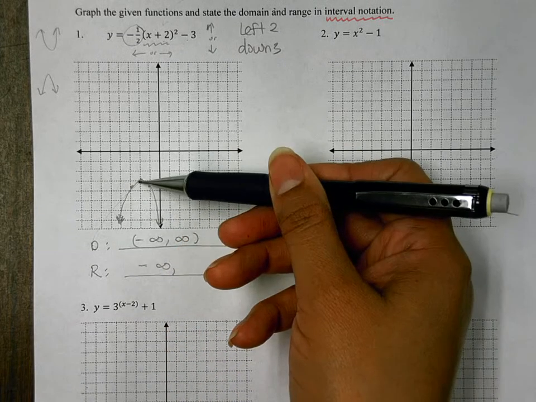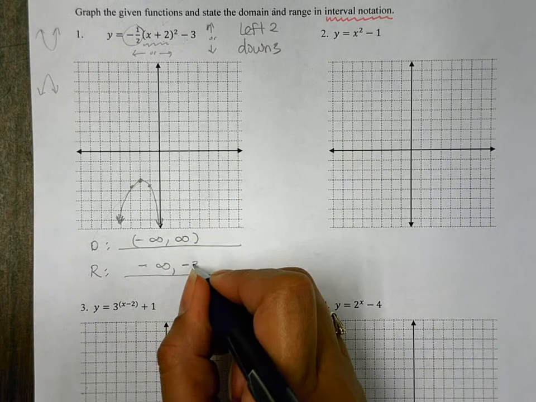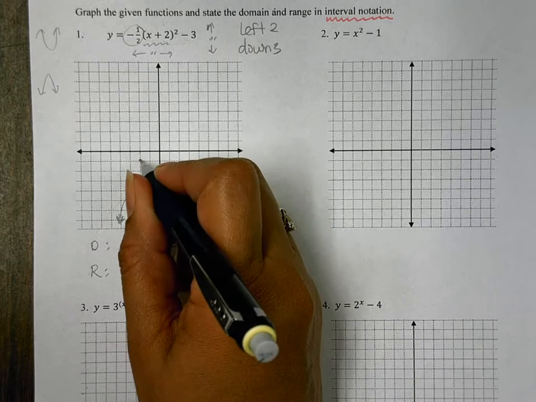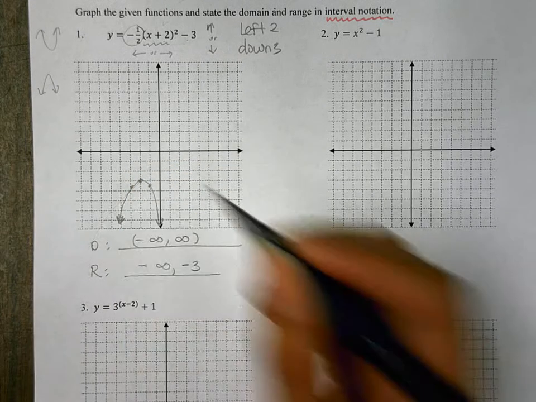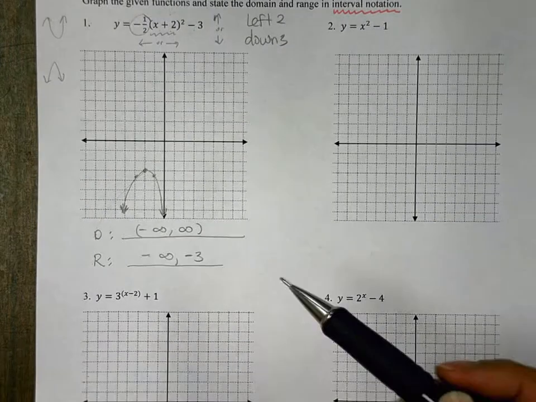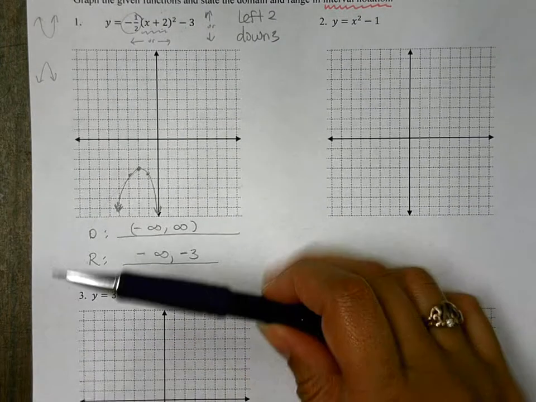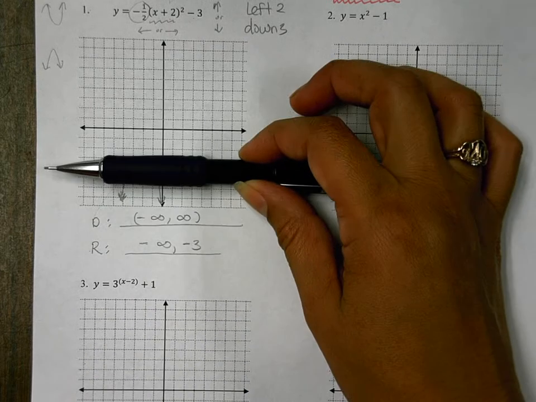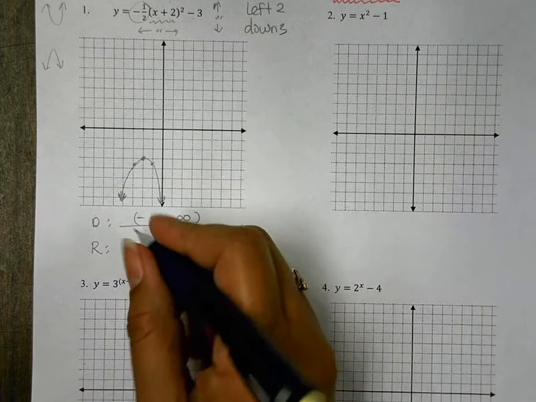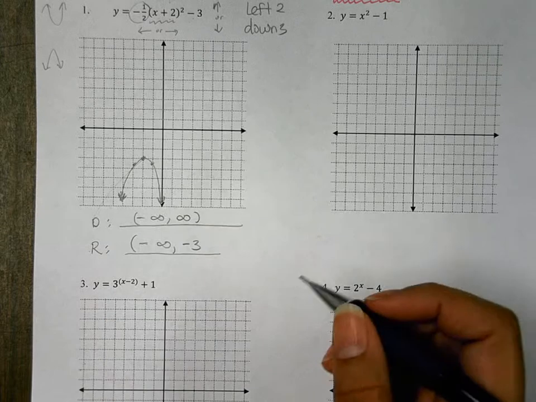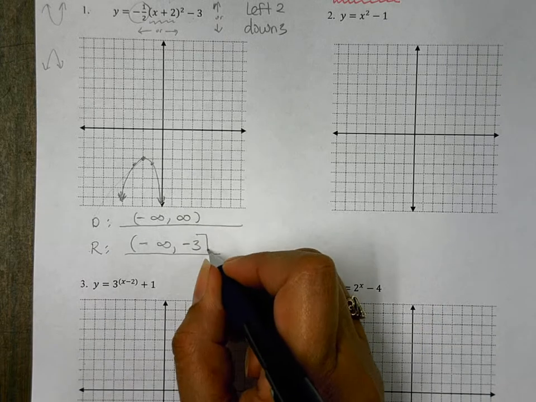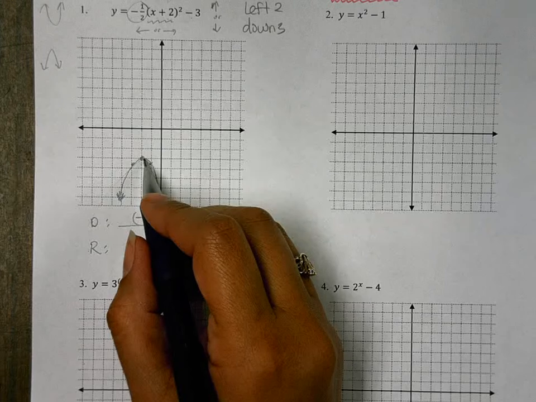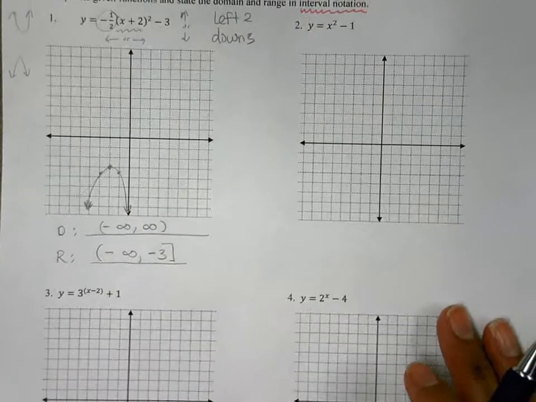It stops at what y value? -3. So my range is from -infinity, and then it stops at -3. Parentheses always on the infinities, and -3 has a bracket because that's not an open circle, so it's included.